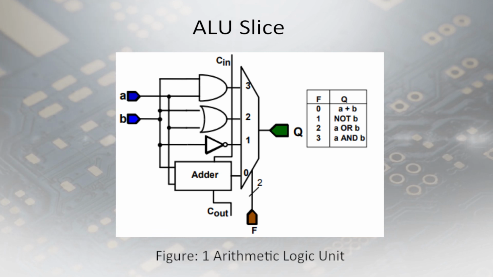In this circuit block diagram, you see an AND gate, OR gate, NOT gate and also an adder, and here we also include a multiplexer, which gives a single output from multiple inputs. Two tables are also available for better understanding.